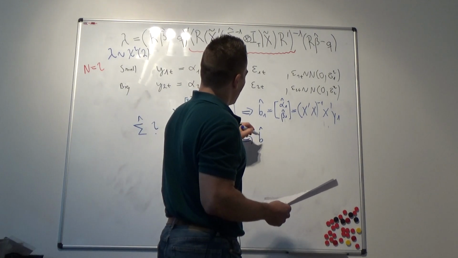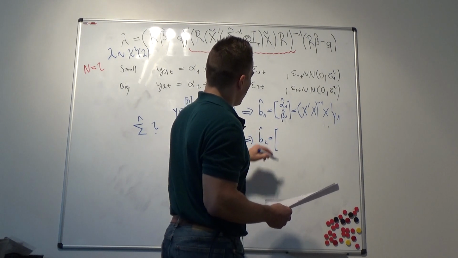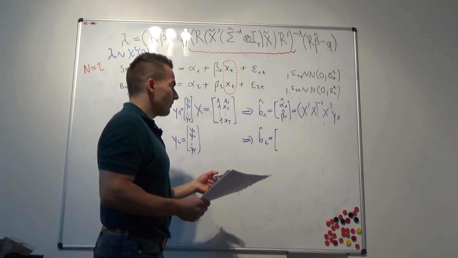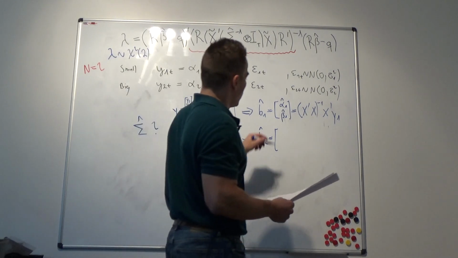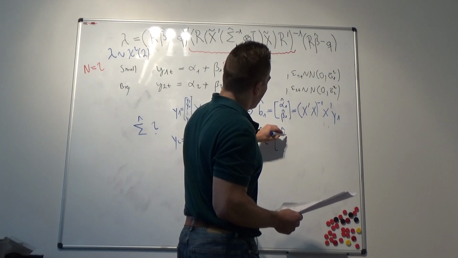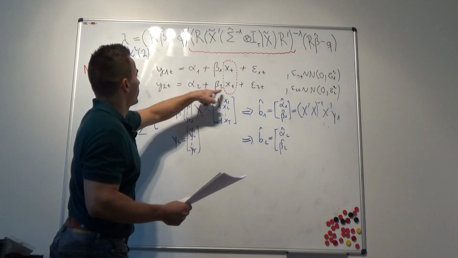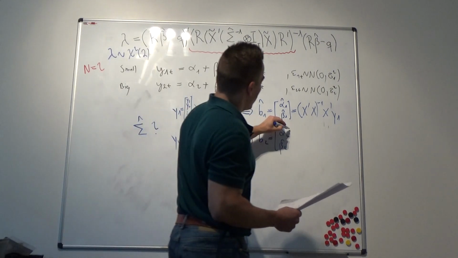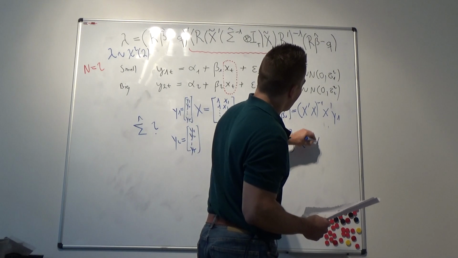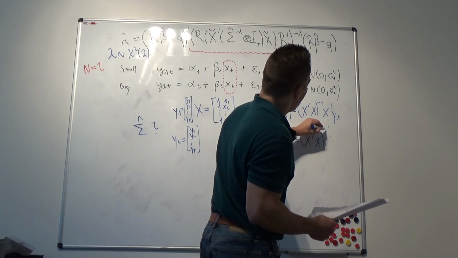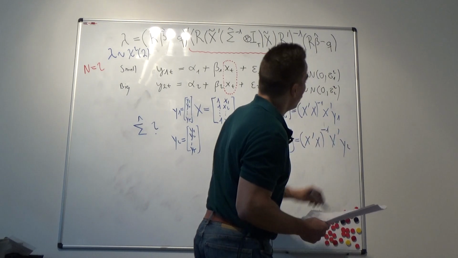What we get is, let's call it b hat 2, which captures the parameter vector for the second equation estimated via OLS. So we get alpha 2 and beta 2 for the second equation, estimated by OLS: X transposed X inverted times X transposed y2.